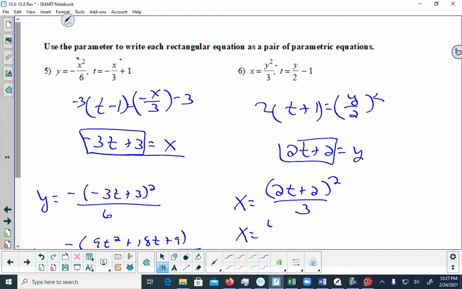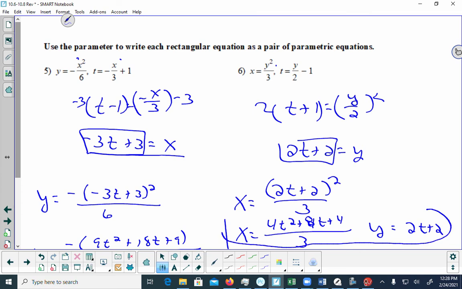So x is equal to 4t squared plus 8t plus 4 over 3. Oh, this is an 8, my bad. I can't simplify that anymore, so that's my first equation. My other equation is going to be y equals 2t plus 2. And so my final answer is those two equations.